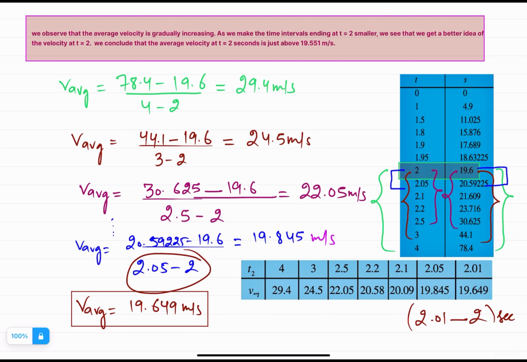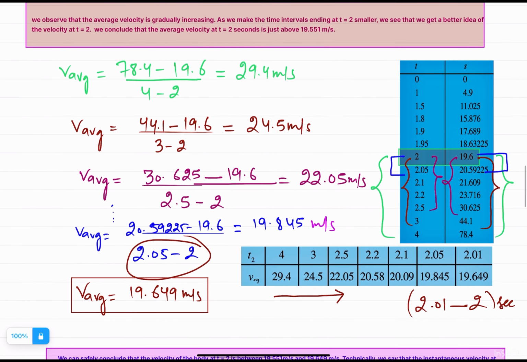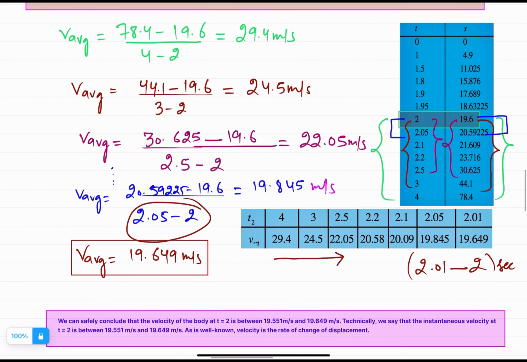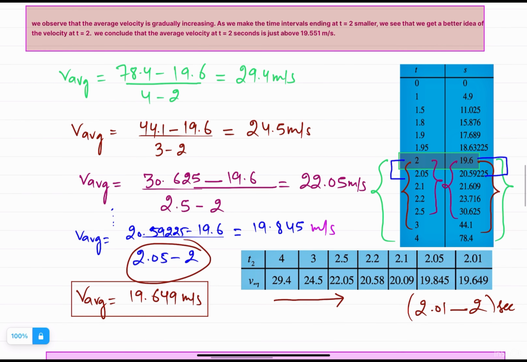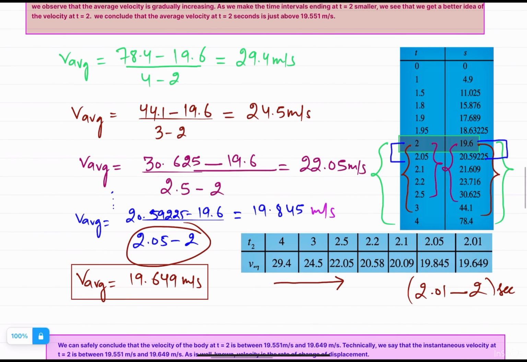Here we can observe that when you are decreasing the time interval, the average velocity will decrease. That means, based on this, we can say that the average velocity is more than 19.649 meters per second.